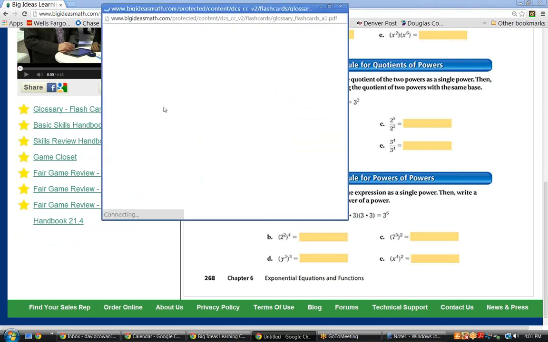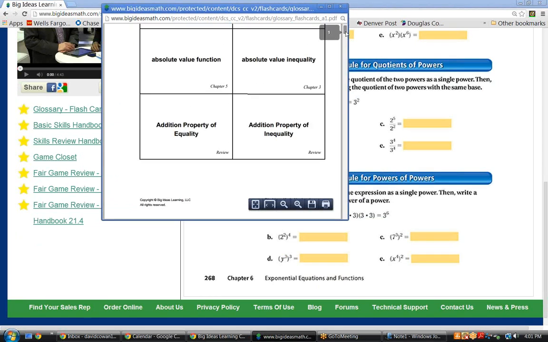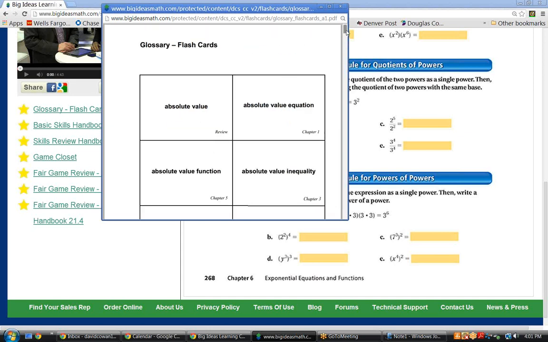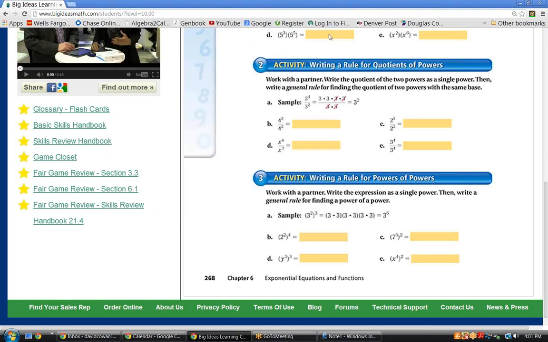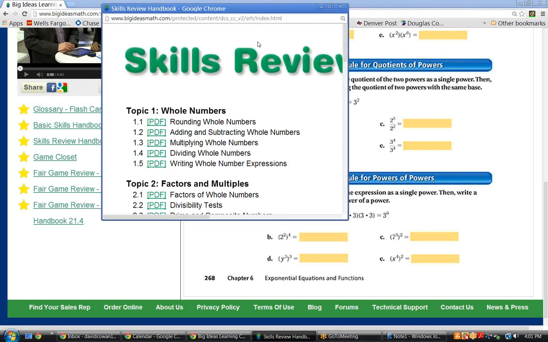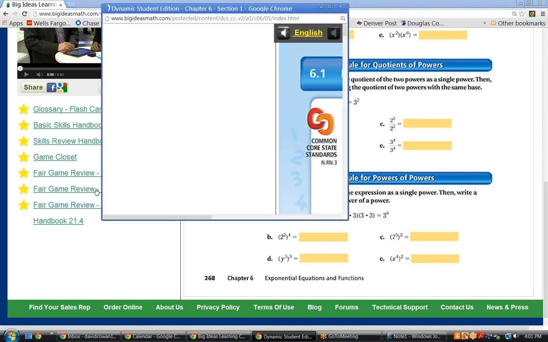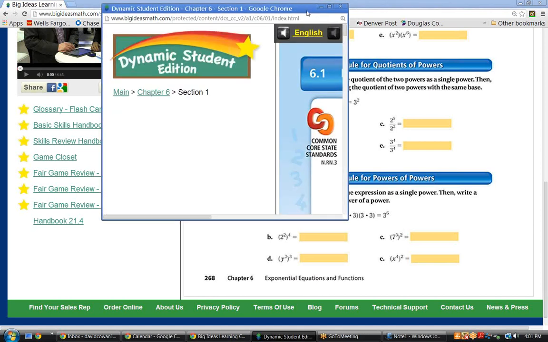Let's see what flashcards are. Somehow, that's not what we want. Skills review. No, that's not what we want. Fair game review 6.1. That looks like kind of what we want, huh?